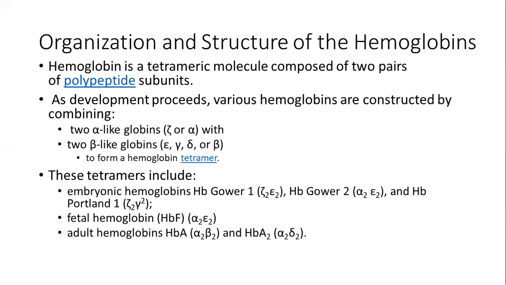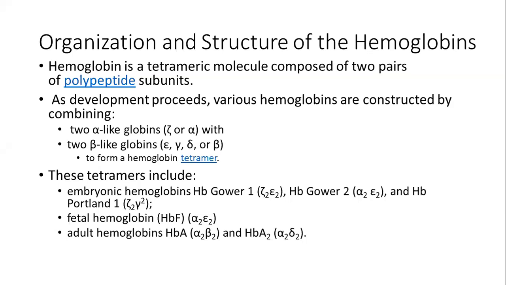So hemoglobin by extension then is tetrameric. Okay, and as I did mention, there are 4 different polypeptide chains, but those polypeptide chains would combine to form polypeptide subunits.